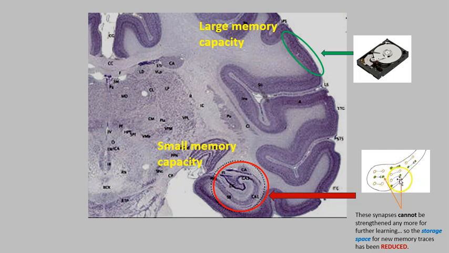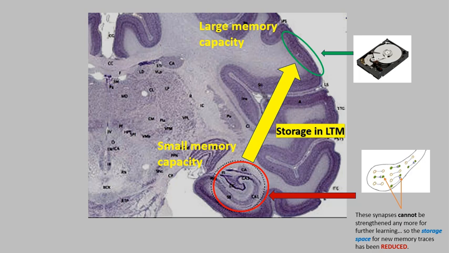So as we go through the day and we learn stuff, the storage space of the hippocampus is being reduced because we have this limitation. So because there are far fewer neurons here than in the cortex, the storage space of the hippocampus quickly gets reduced as we learn things throughout the day.